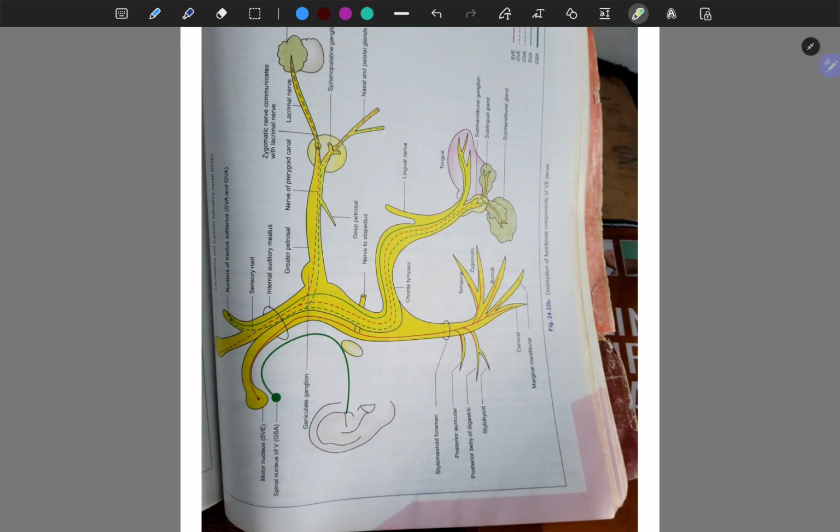The superior salivatory nucleus fibers enter the submandibular and sublingual salivary glands via the chorda tympani nerve. They relay in the submandibular ganglion and supply these glands. In the internal auditory meatus, they give the nerve to stapedius.